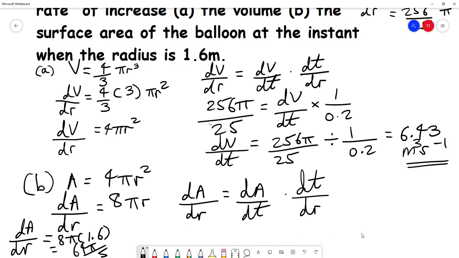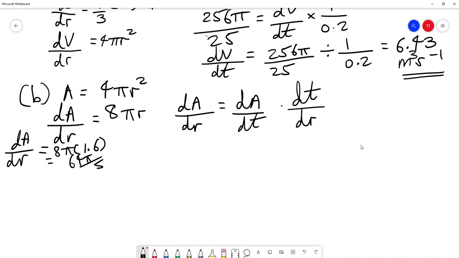So let's substitute these values in. So dA by dr is 64 pi over 5. We need to work out what dA by dt is. I know this from the previous part of the question. That's going to be 1 over 0.2.